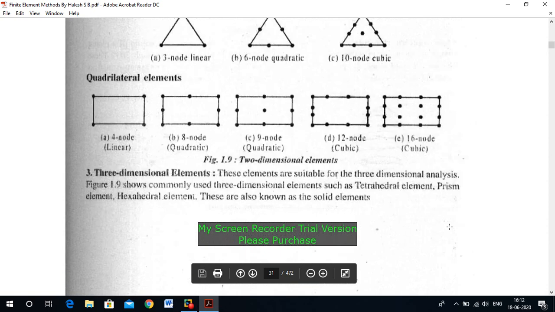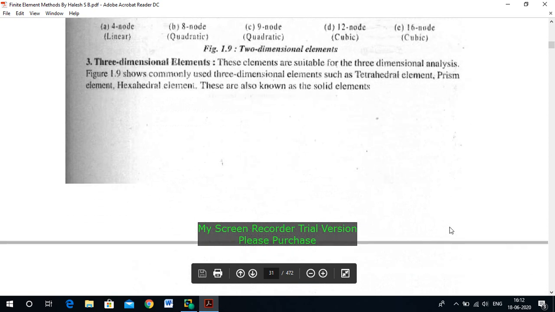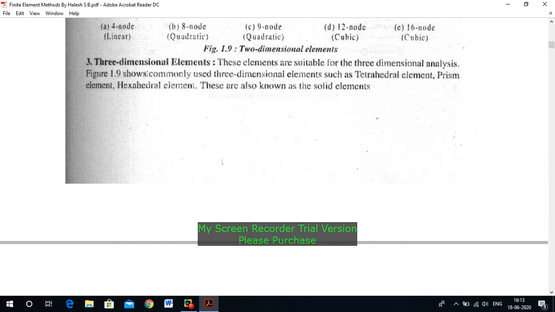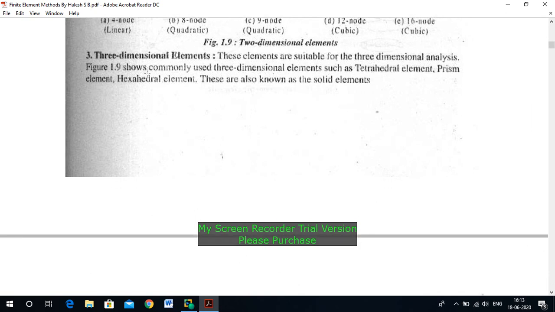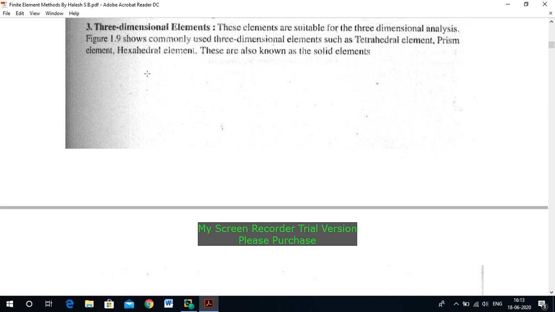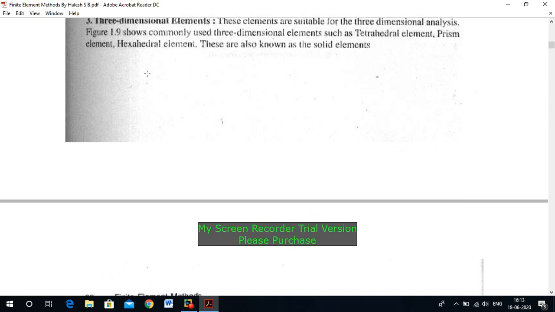And the third type is the 3-dimensional element. These elements are suitable for 3-dimensional analysis, and the figure below shows commonly used 3-dimensional elements such as the tetrahedral element, prism element, and hexahedral element.